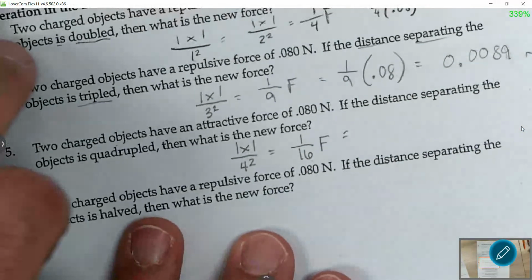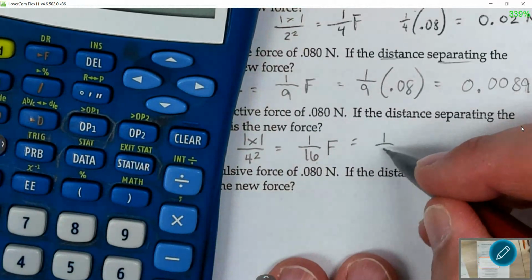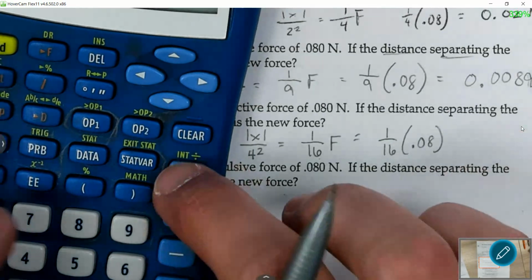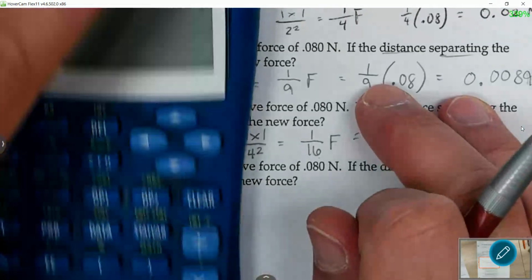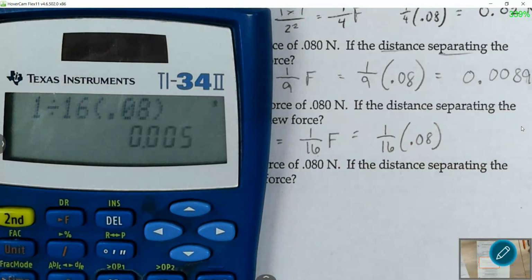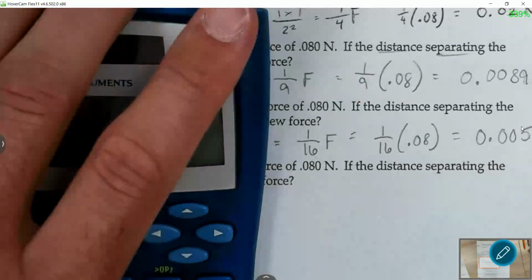So we're going to take that and multiply it by the original force of 0.08. And it kicks out to be exactly 0.005 newtons.